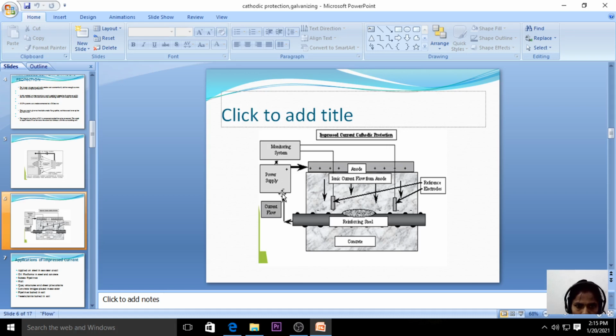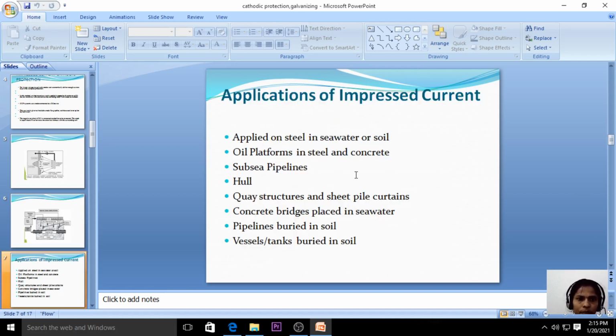Now the current flows from anode to cathode. See here, this is the power supply. So when the current goes from this to this, it nullifies the corrosion current. So here the anode converts to cathode and the cathode converts to anode.